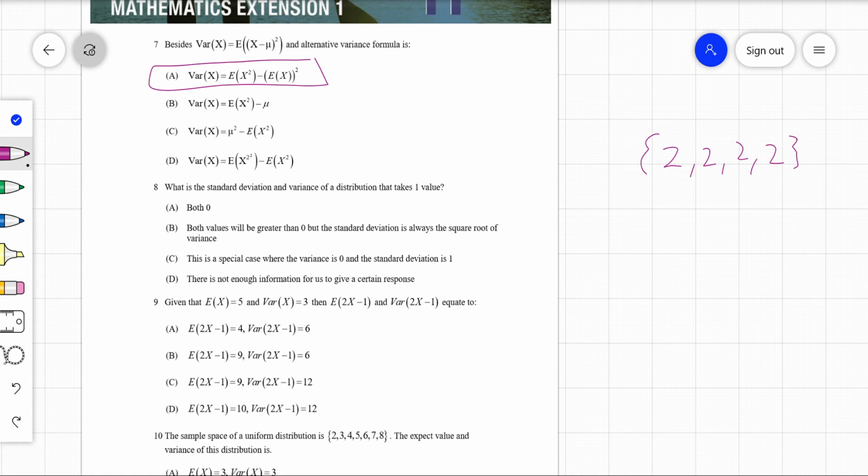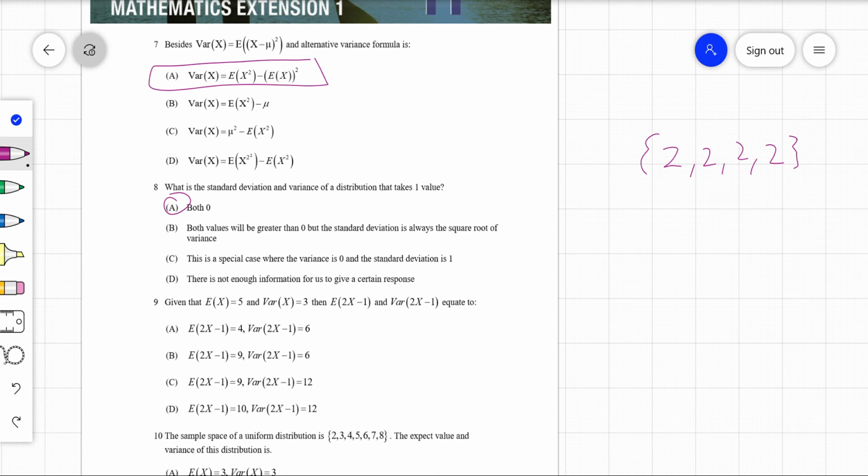If you think about it, it's not deviating, it's staying exactly the same, so the standard deviation is 0. If the standard deviation is 0, the variance is 0 anyway, because standard deviation is the square root of the variance. So there's no spread of data, it's all in one spot.